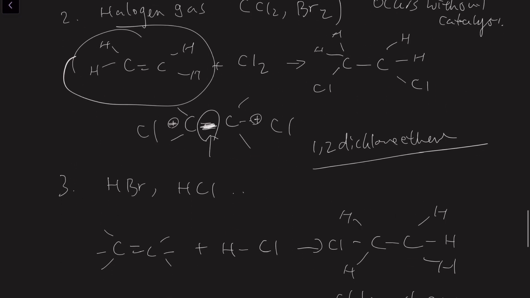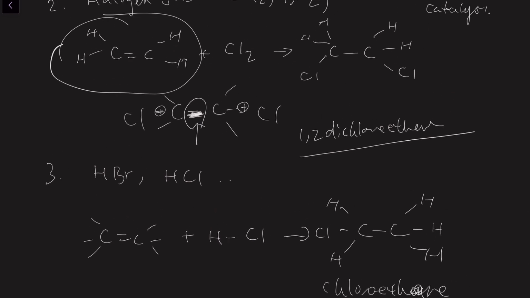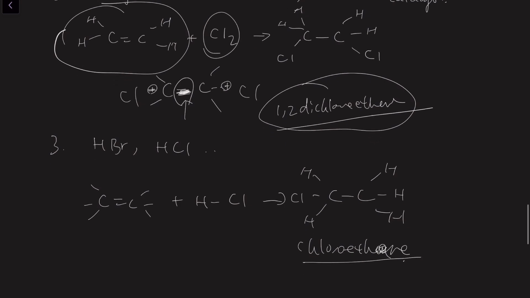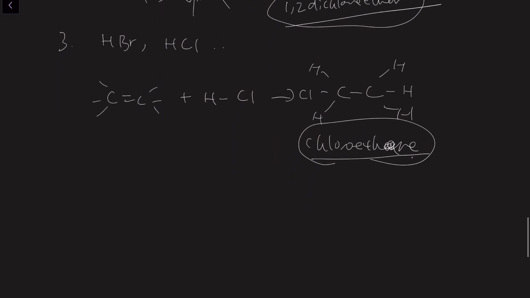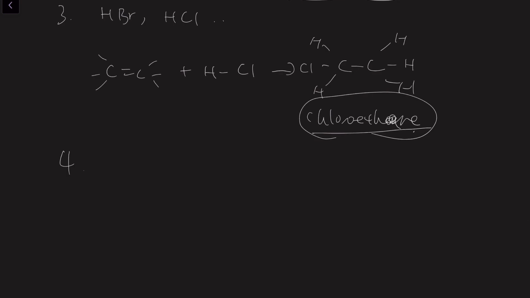You really have a lot of control over the substance you want to produce. If you want to produce dichloroethane, then you add hydrogen gas, then you add something like chlorine gas. If you only want to produce chloroethane, then you add HCl. Whereas for this substitution reaction, again, you really don't know what you will be producing.